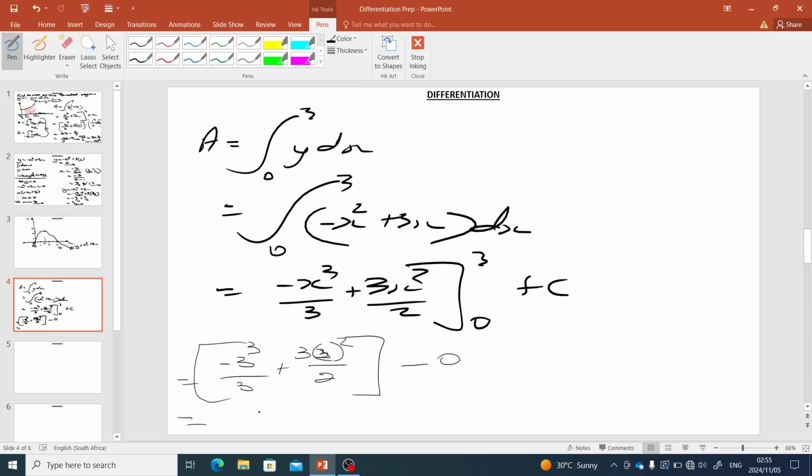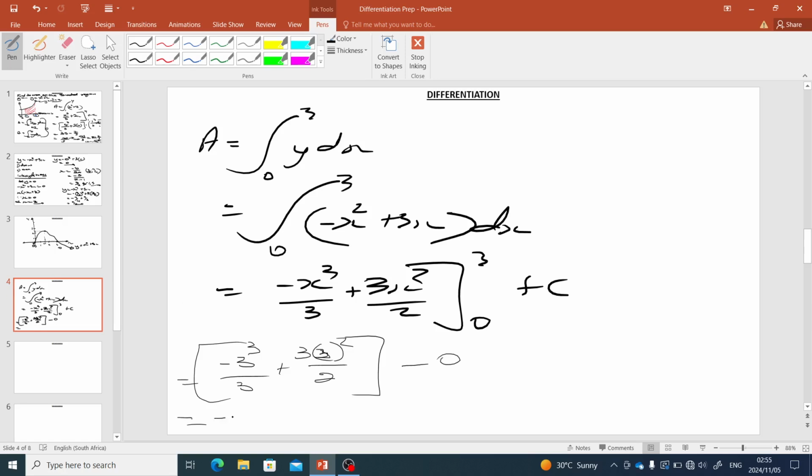Then this is what we have. 3 cubed divided by 3, we get our answer is 9.